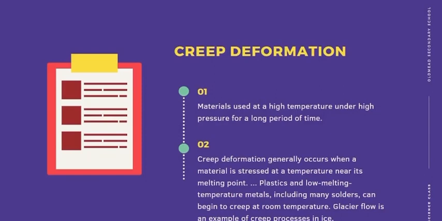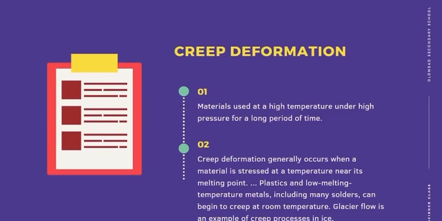It says that creep deformation generally occurs when a material is stressed at a temperature near its melting point. So as you can see, creep deformation occurs when a certain material is heated up or cooled down or set into a temperature where it is not actually used to.